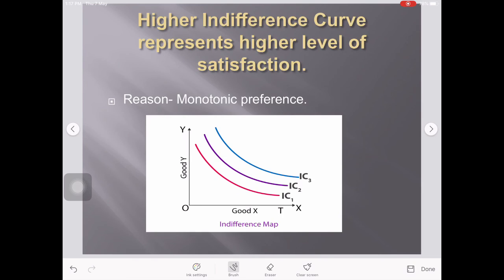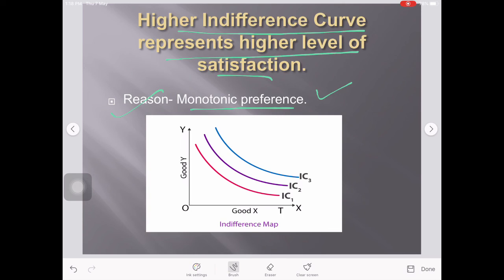The next property is higher indifference curve represents higher level of satisfaction. The reason behind this is monotonic preference. Monotonic preference means the consumer prefers that bundle of commodity which contains more units of commodity.